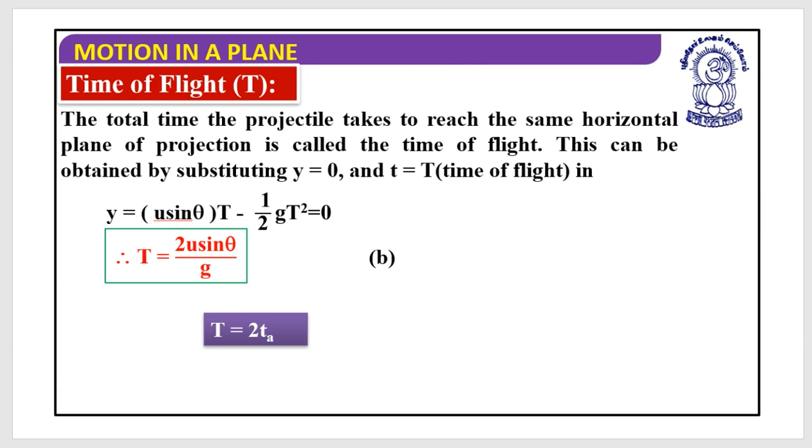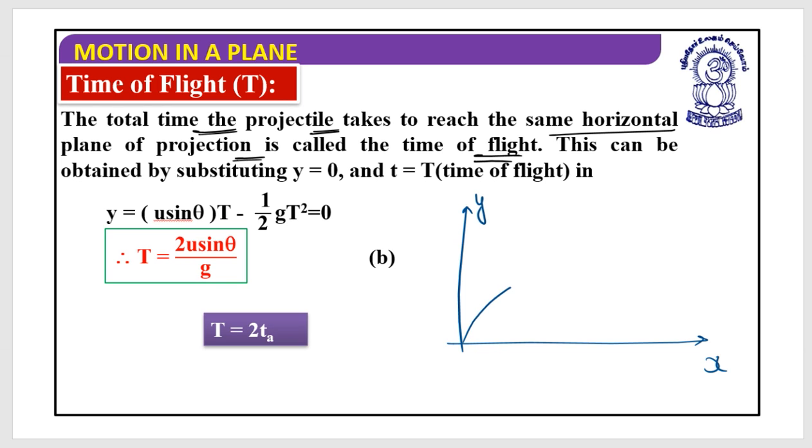And what is time of flight? Time of flight is the total time that the projectile takes to reach the same horizontal plane of projection. This can be calculated using the relation y equals u sine theta t minus half g t square. One very important point to be considered, let's look. This is the y-axis, this is the x-axis.